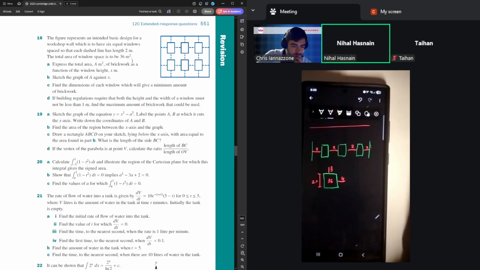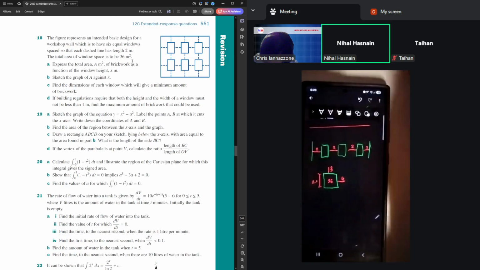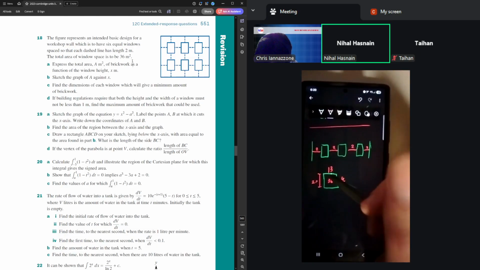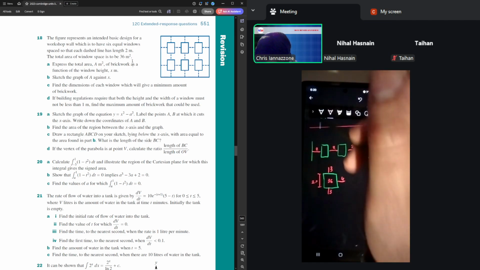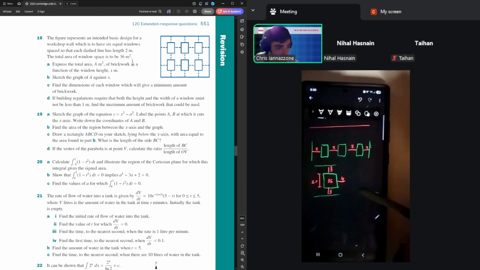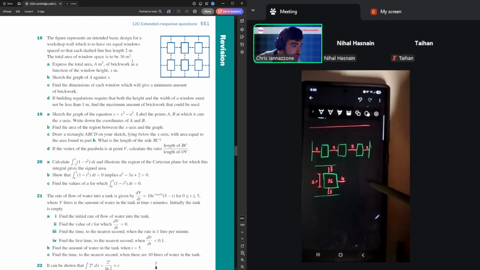So the total height would be 6 plus 2x, from absolute top to absolute bottom of the brickwork.